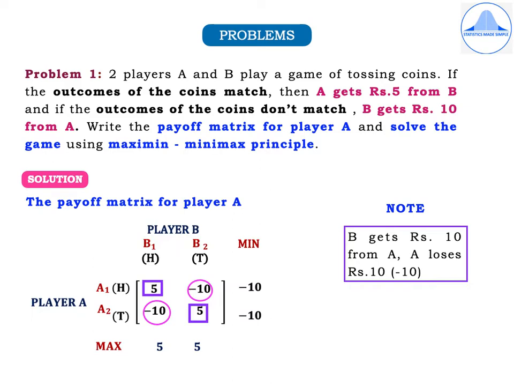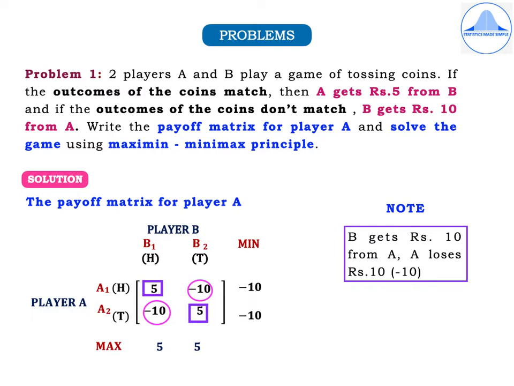next, we have to solve the game using the Maximin Minimax principle. So in the Maximin Minimax principle, what you have to do is form a minimum column outside the matrix and form a maximum row below the matrix. So corresponding to the first row, that is strategy A1, you have to find the minimum value.